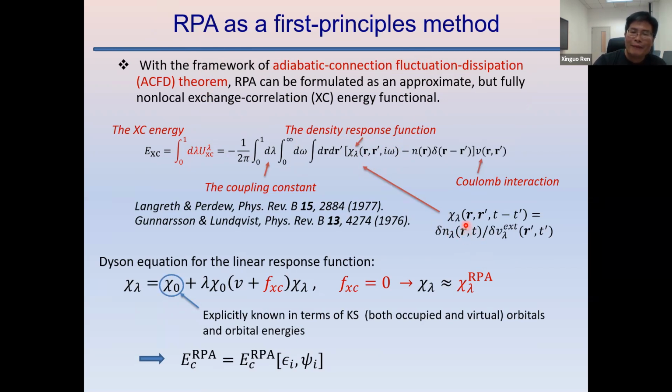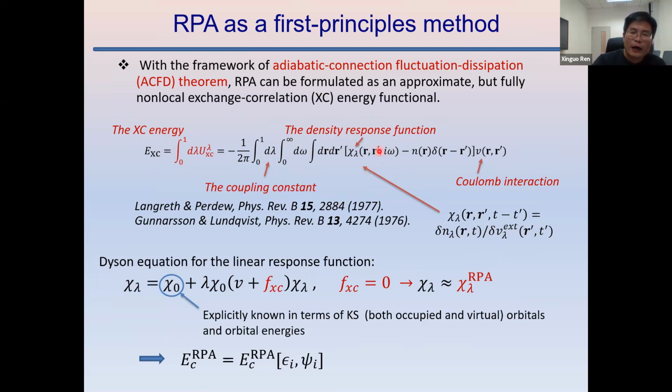This chi lambda describes how the density changes with respect to an external field, both depending on time. This is Fourier transformed to the frequency domain. By doing so, the exchange correlation energy is now connected to the density response function.